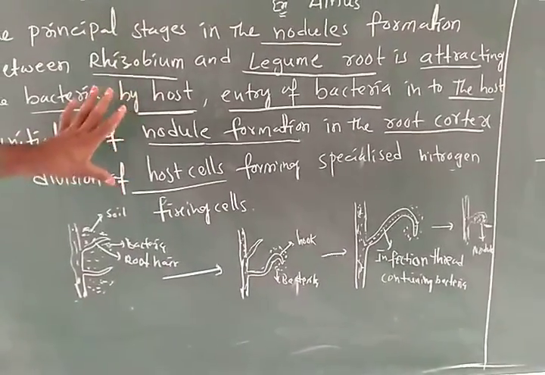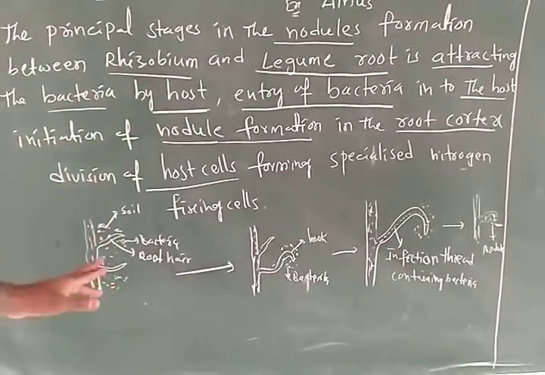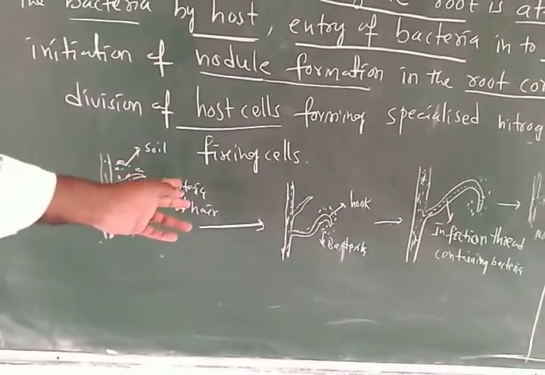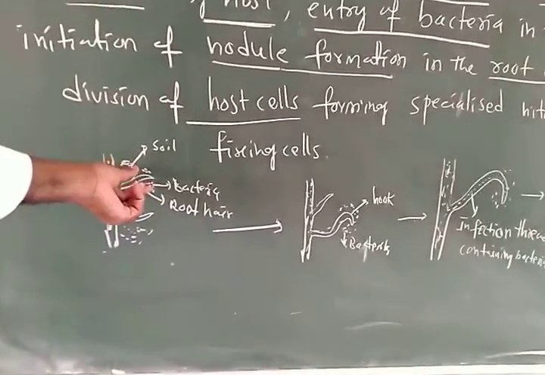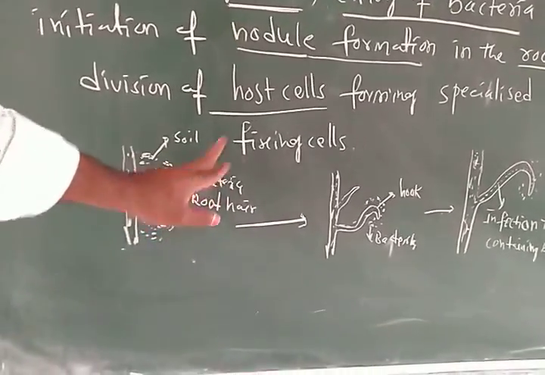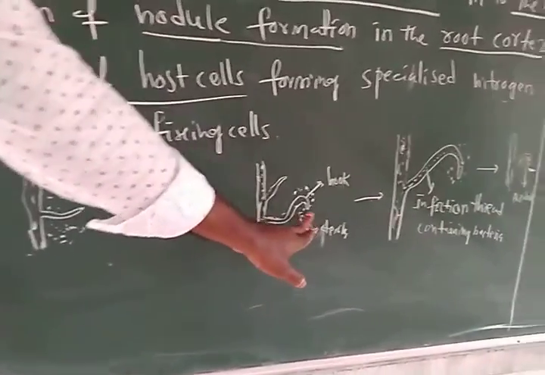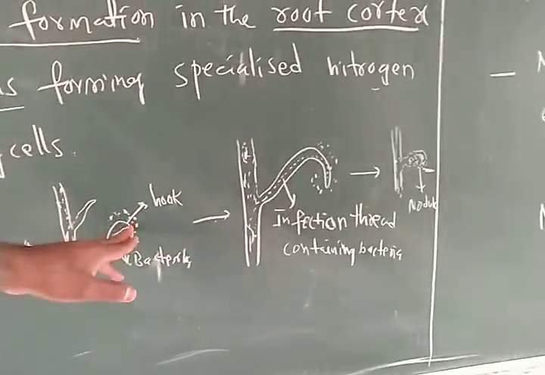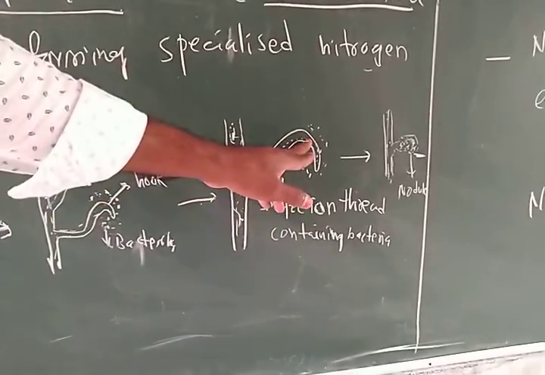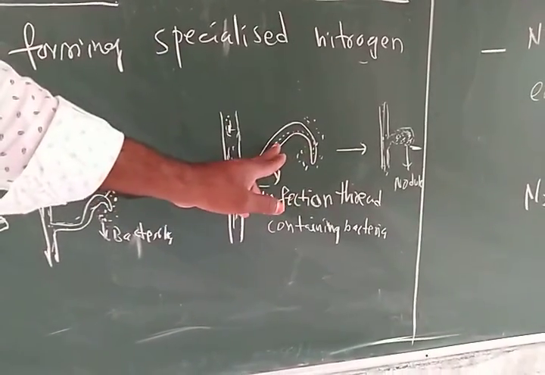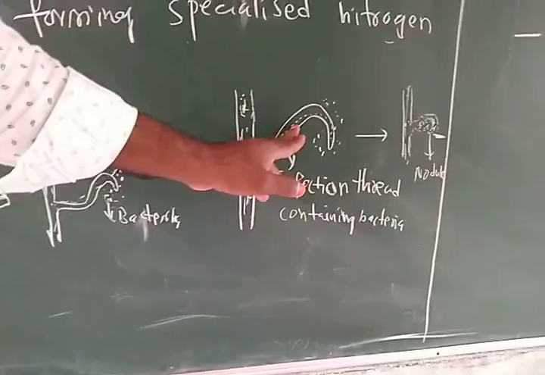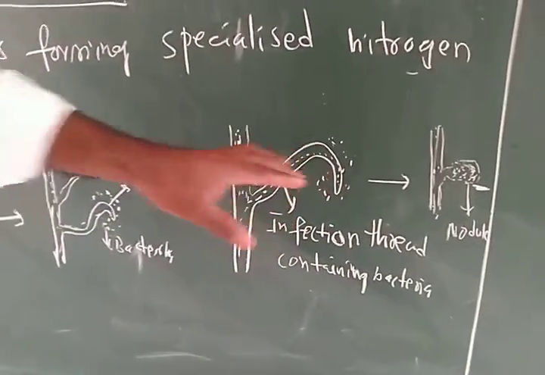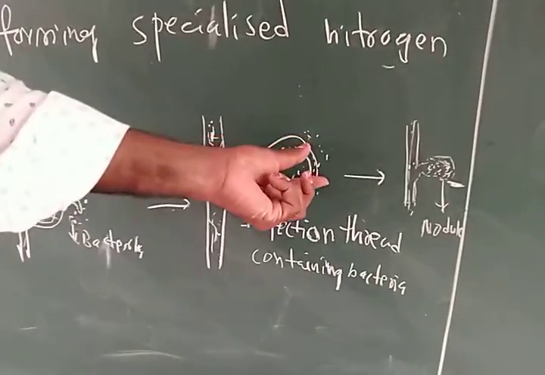This main principle is shown in the diagram here. This is the leguminous plant root hair. When the host is attracted by the bacteria, the bacteria immediately enter into the host cell, and they induce the root cells, that means the cortex cells and pericycle cells, to divide.